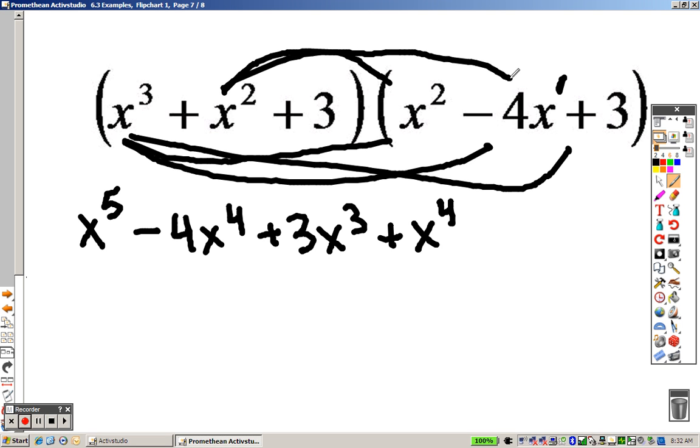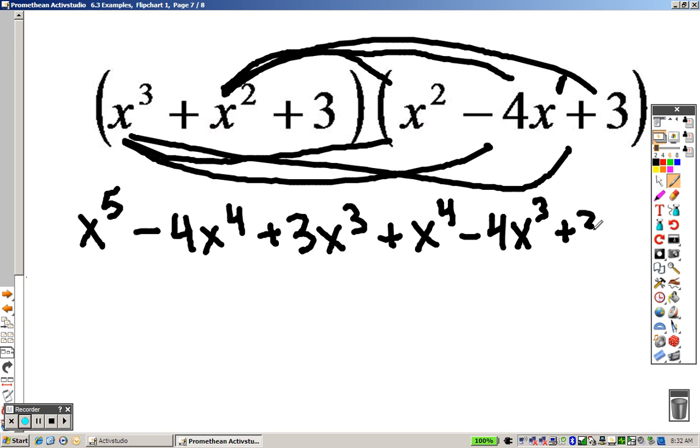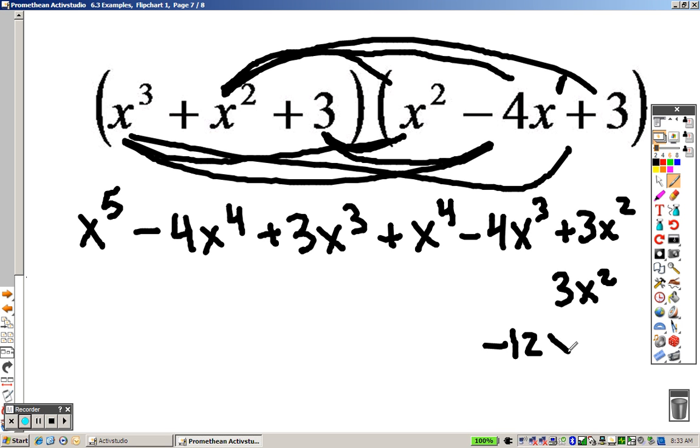X squared times negative 4x to the 1st is negative 4x cubed. X squared times 3 is positive 3x squared. 3 times x squared, we have another 3x squared. 3 times negative 4 is negative 12x, and 3 times 3 is 9.